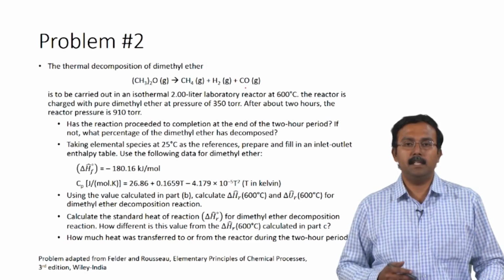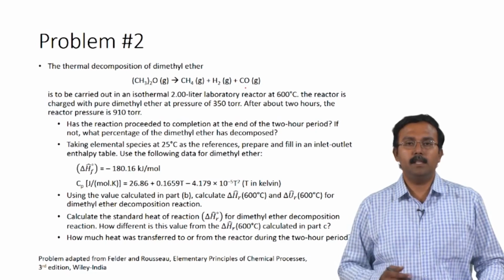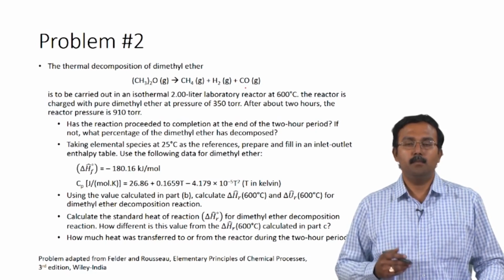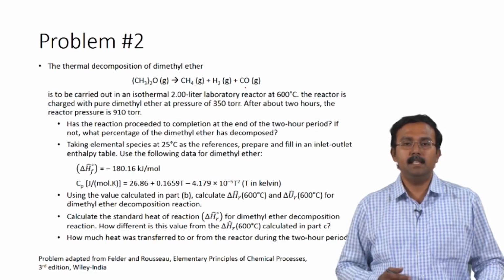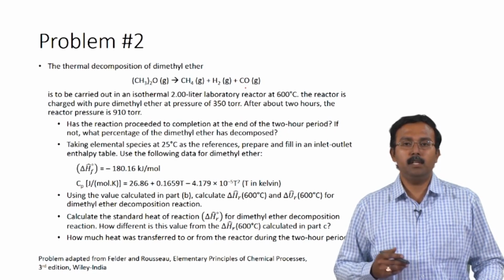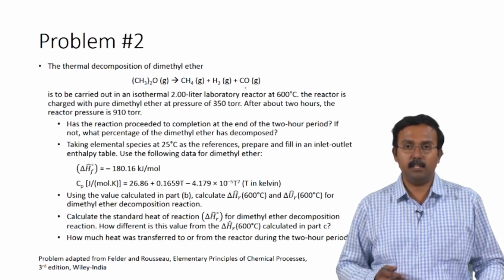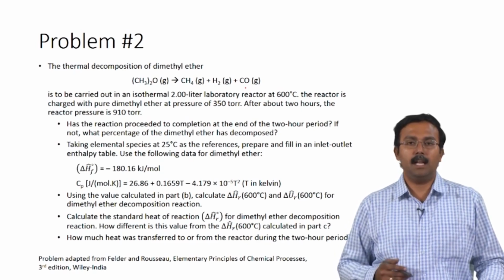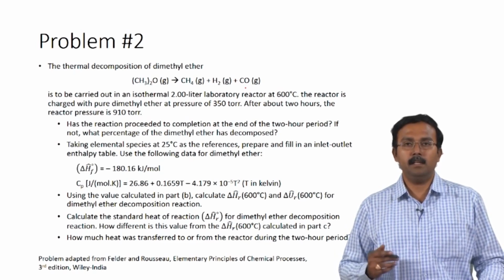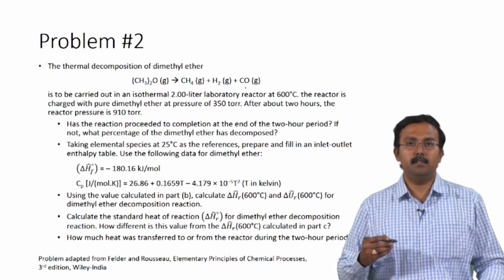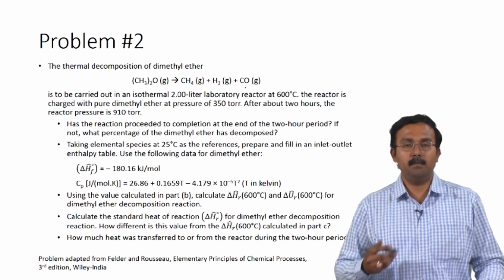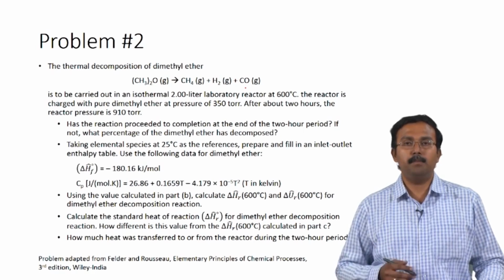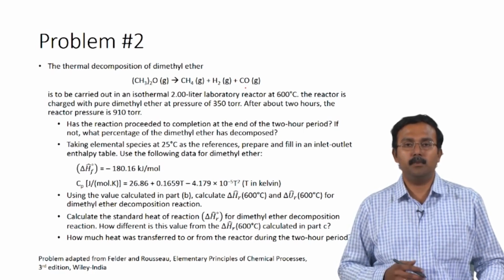Cp for dimethyl ether, in terms of kilojoules per mole Kelvin, is given as 26.86 plus 0.1659 T minus 4.179 times 10 power minus 5 T squared, and temperature here is in Kelvin. So, this is to be taken carefully. If you have the temperature value in Kelvin, you should appropriately use the right units for the Cp value.